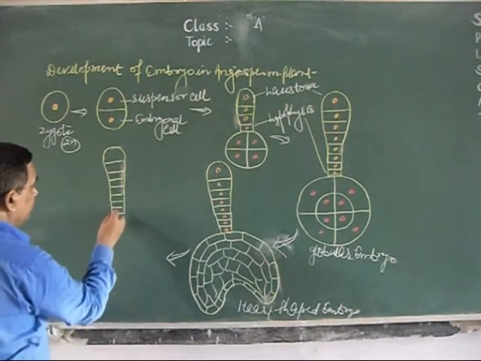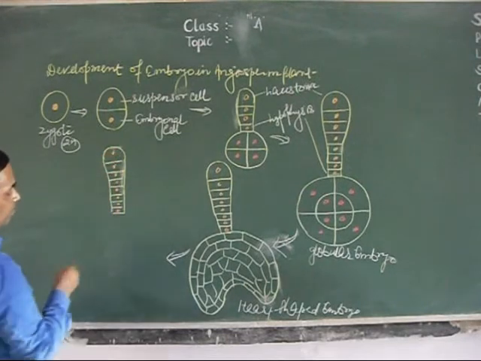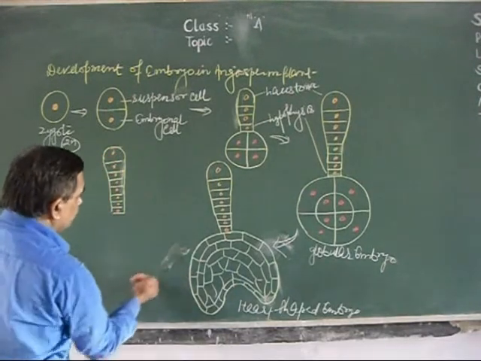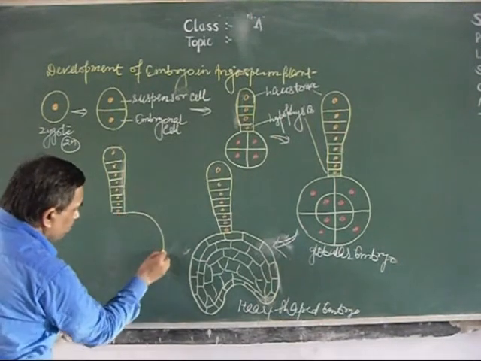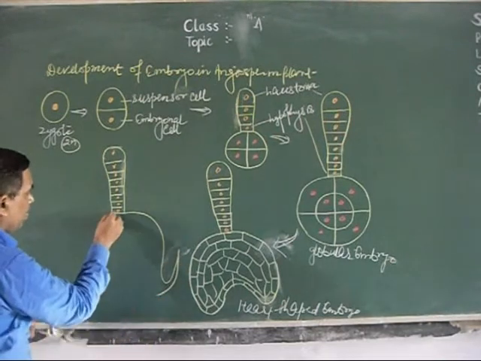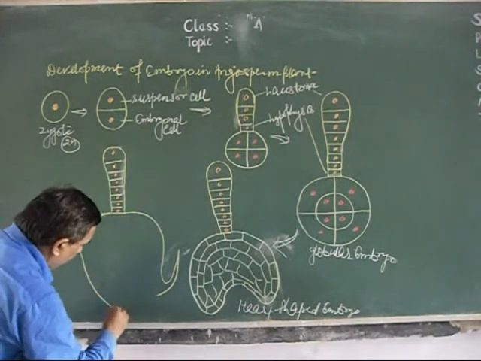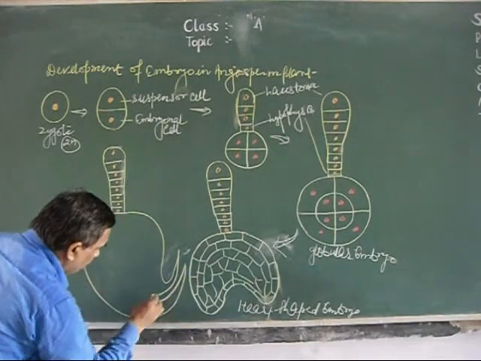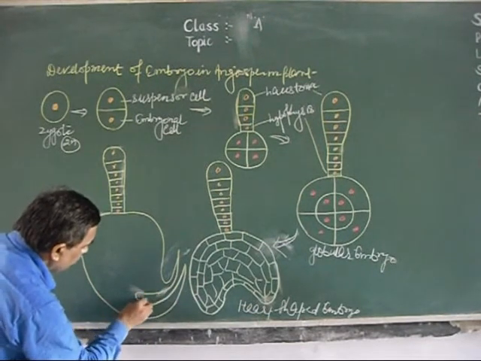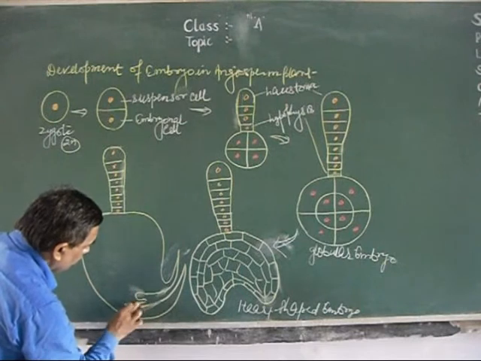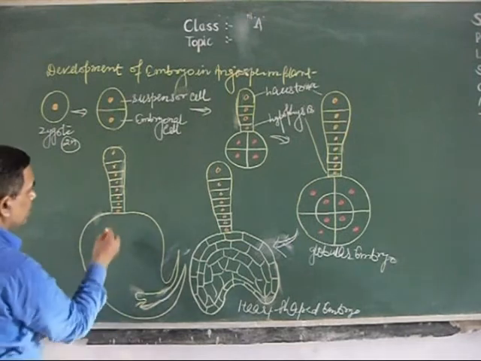Now this will form a mature embryo here, and two cotyledons.